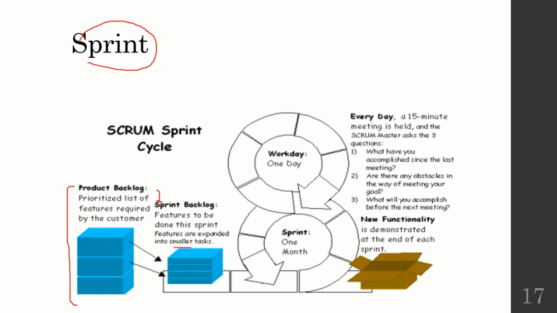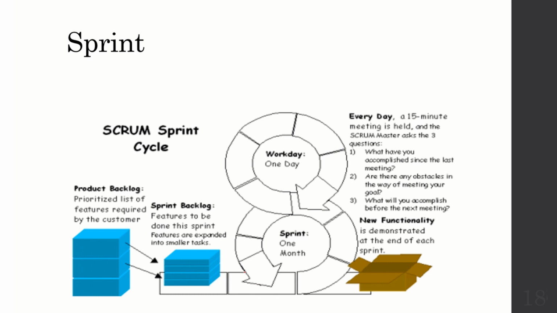And with it you can see a complete cycle of one period that will be called a sprint, and at the end you will get the new functionality that is demonstrated at the end of each sprint. And also you can see here a work day, basically a cycle of 1 day. You need to have a closer look at different stages throughout the development.